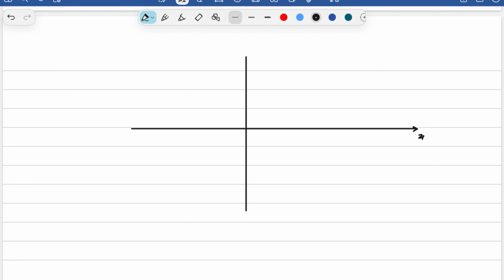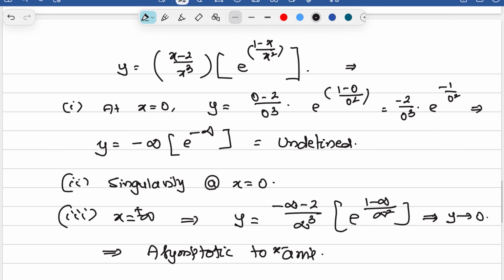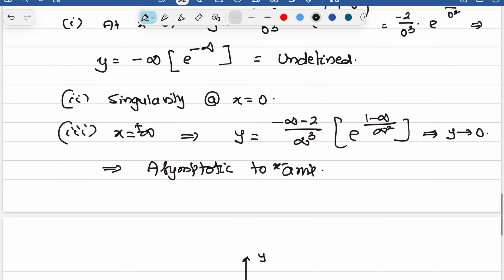With these observations, let us try to draw what happens for b is equal to 1. This is x, this is y, and when b is equal to 1, x minus 2 by x cube into e to the power of 1 minus x by x square, what happens at x is equal to 0, it is undefined.